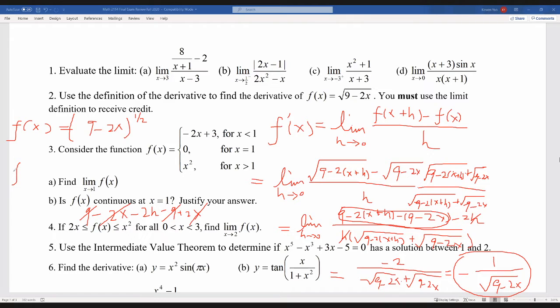F prime of x is one half down, and 9 minus 2x to the power of 1/2 minus 1, which is negative 1/2, times the derivative inside, which is negative 2.